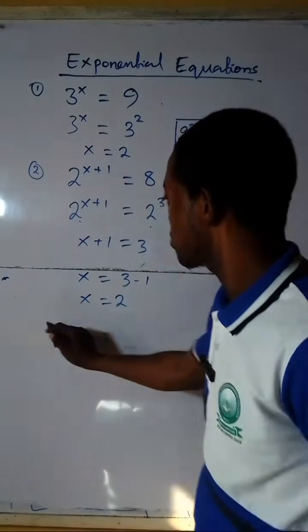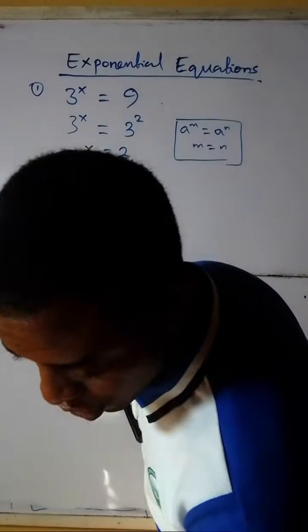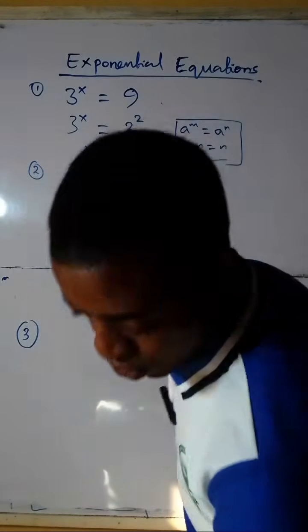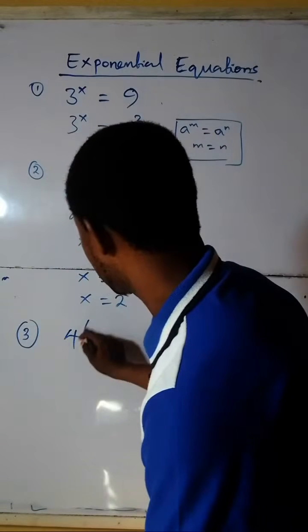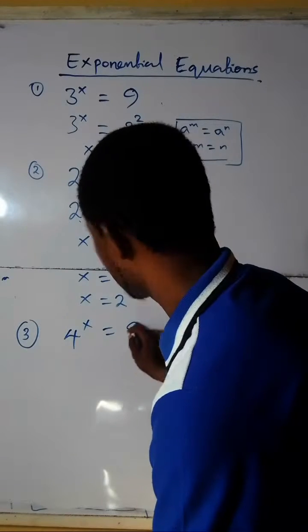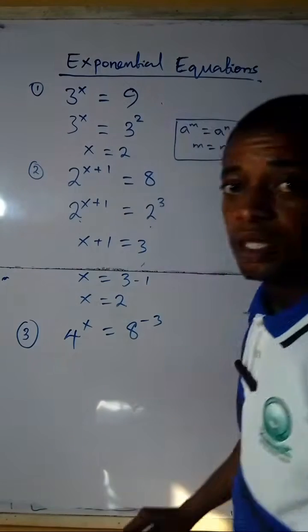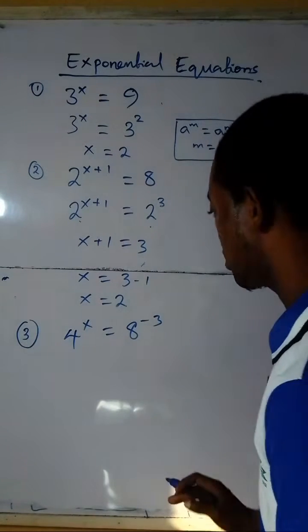Now let's look at another one, number 3. We have 4 raised to power x equals to 8 raised to power minus 3. And here as well, we can make the two sides to have the same base.